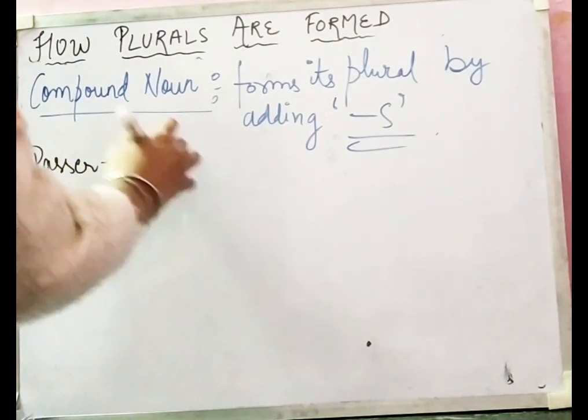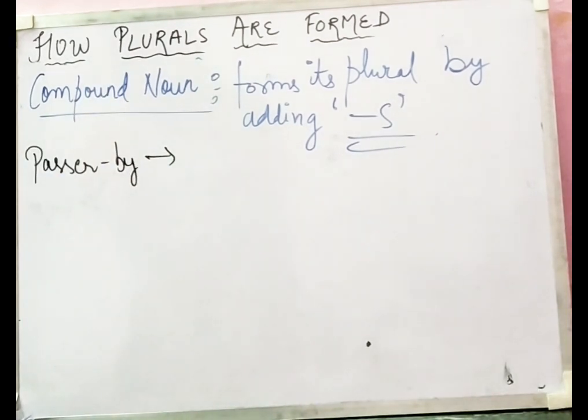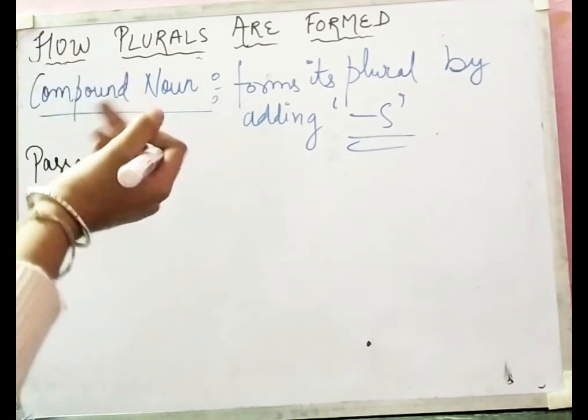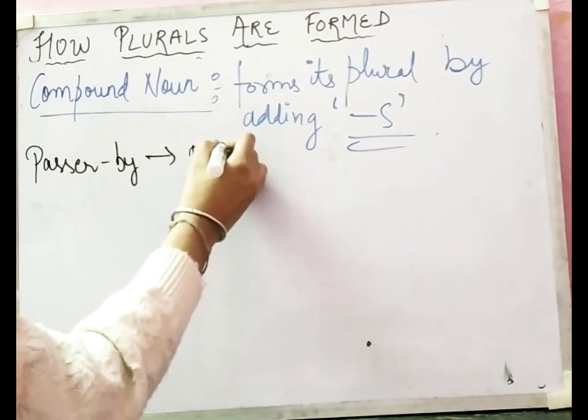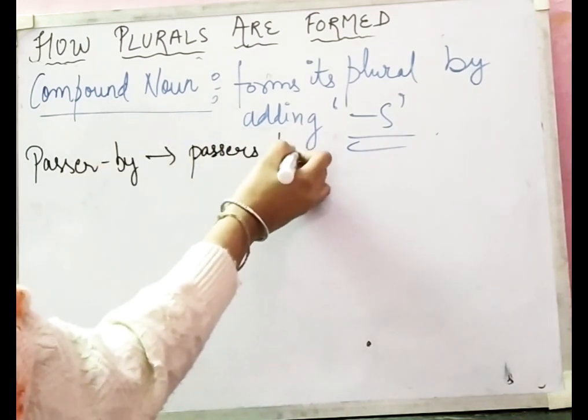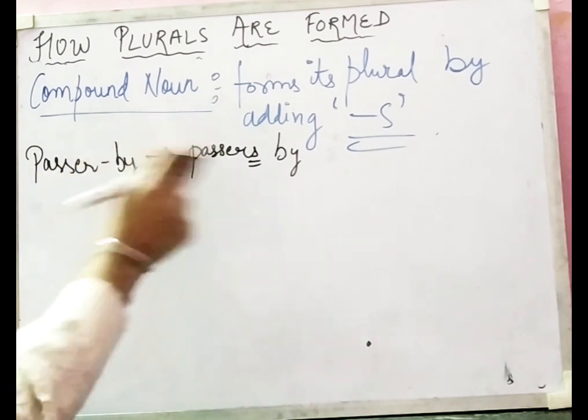Now what's the plural of passerby? That will be passersby. Means we just have to add s here. This, there is no s, there is s.